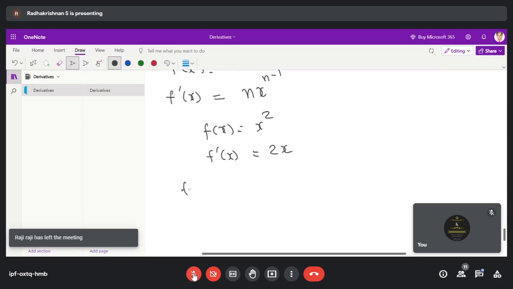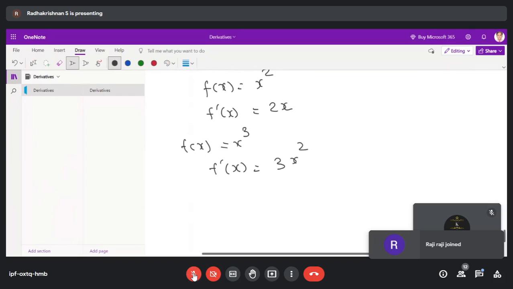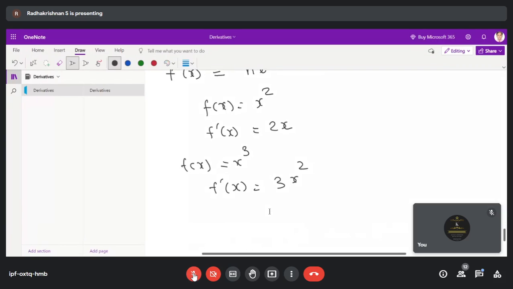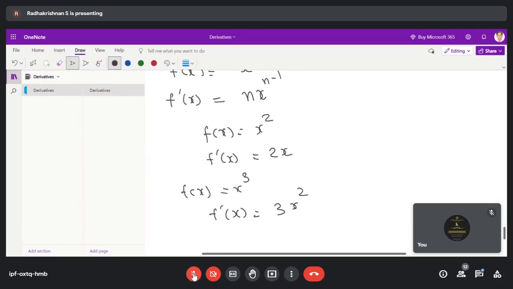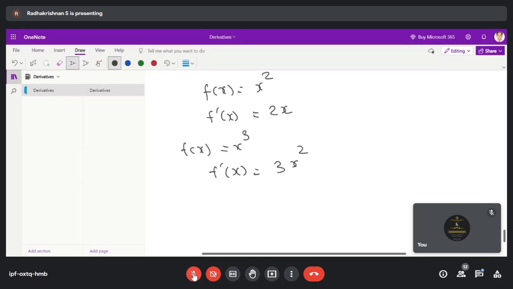Similarly, if f of x equal to x cube, f prime of x will be 3x square. So this is your rule. If f of x is x power n, your derivative is n into x power n minus 1. This applies when n is negative or a fraction also.